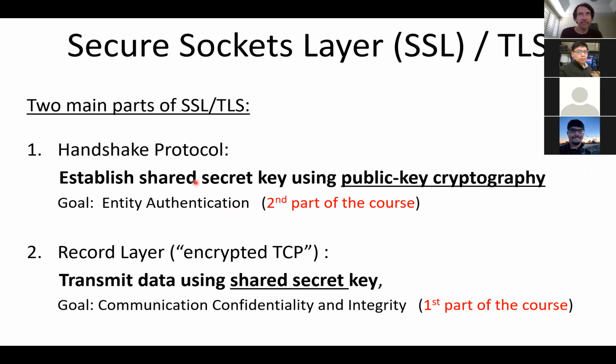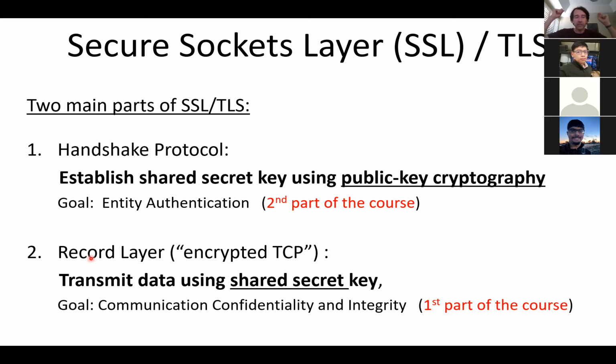But in order to do this, we need public key cryptography. So actually, even though this happens first in TLS, in the SSL, we'll do it second in the class because it's just more sophisticated stuff. You need to understand how symmetric crypto works to get to public key cryptography, and not vice versa.